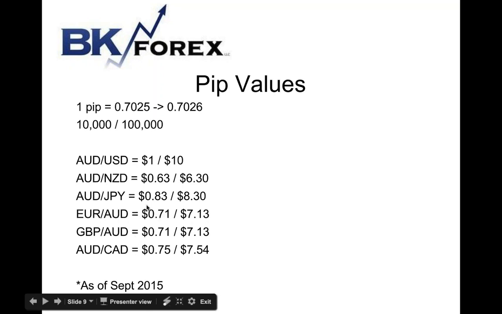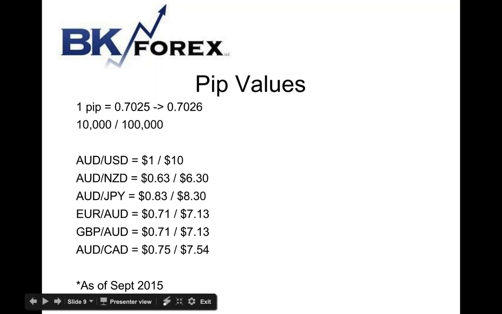So when you're trying to calculate the PIP values in other currency, Aussie pairs, you have to be looking at the actual exchange value of that particular currency pair. So it's very simple. For example, the New Zealand dollar is worth 70 cents. So therefore, Aussie Kiwi has a 0.70 or 63 cents. As of September, it was 63 cents or $6.30 for 100,000 units.